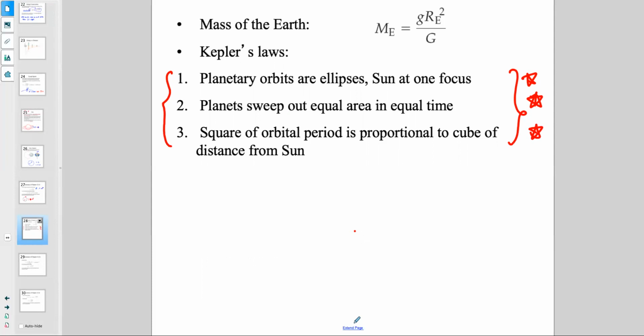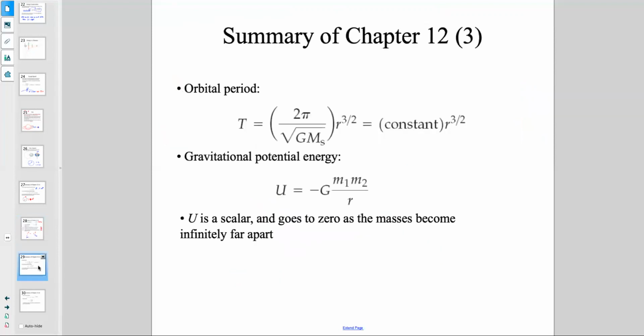And the square of the orbital period, T squared, is proportional to the cube of the distance from the sun. This T is in years, and this distance is in AU, which is the astronomical unit, or the average separation between the Sun and Earth.